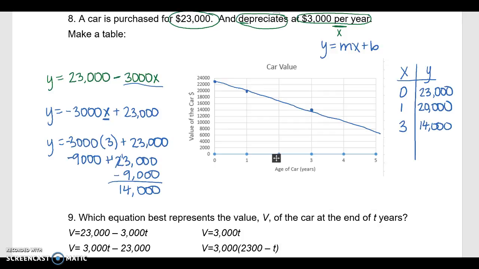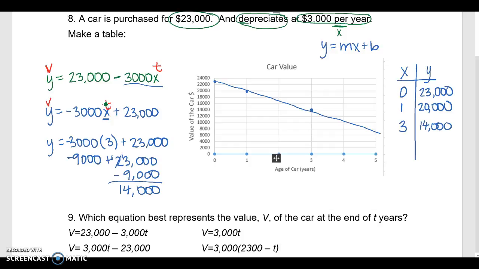So, right, the value will depend on the number of years. Or as the number of years changes, the value changes. So value is going to be my y, and x is going to be t. So all I'm doing is for every y I'm putting a v, and for every x I'm putting a t.